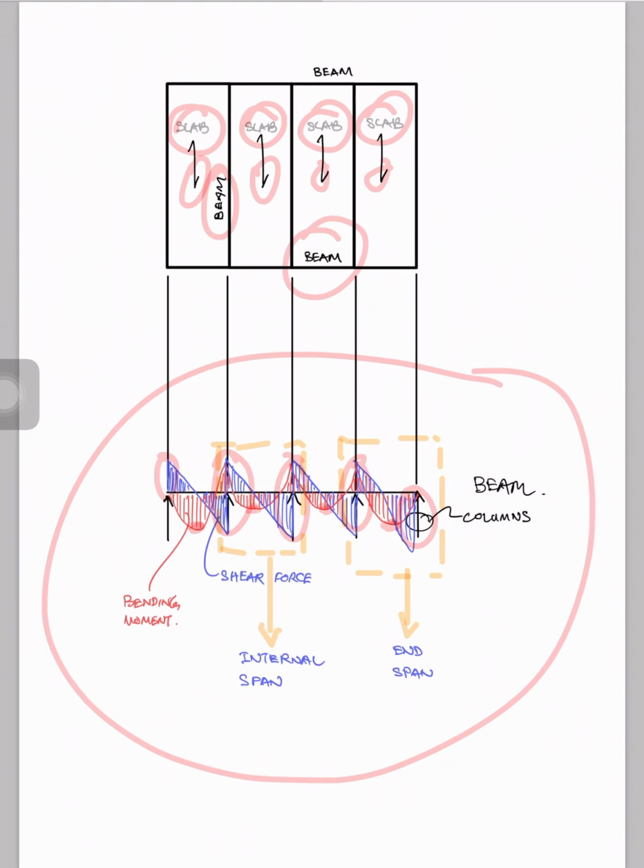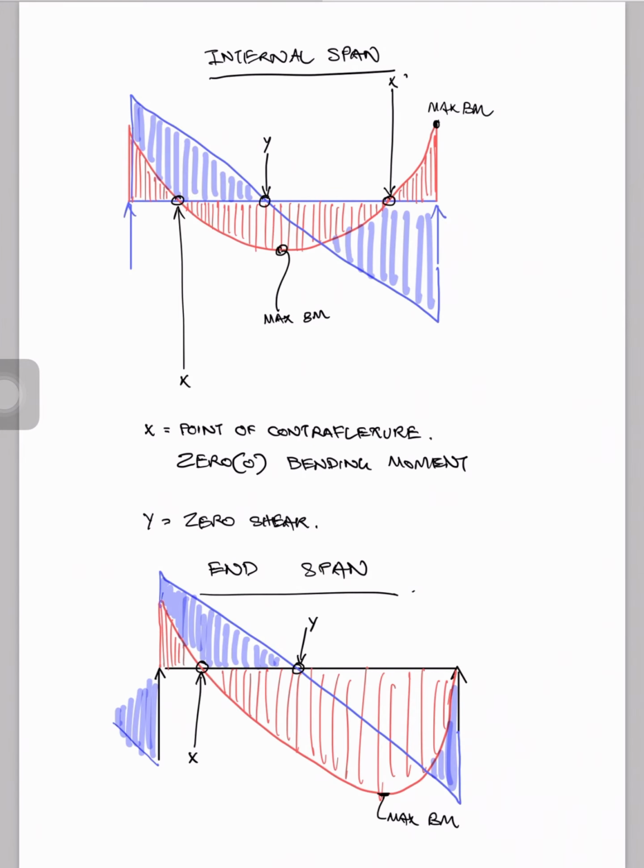Now, taking you one step further, I've divided this into internal span, where I'm going to zoom in, and also the end span. Here you can see on the internal span, I've marked up the intersection points to show where the bending moment intersects with the beam on the x-axis, which is here and here.